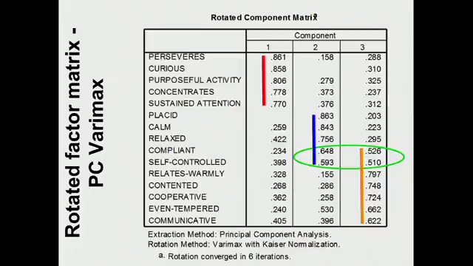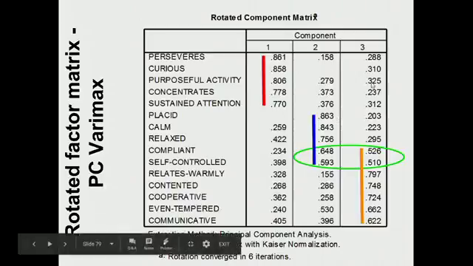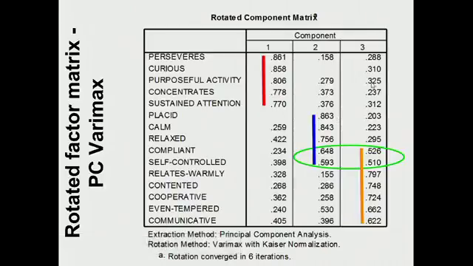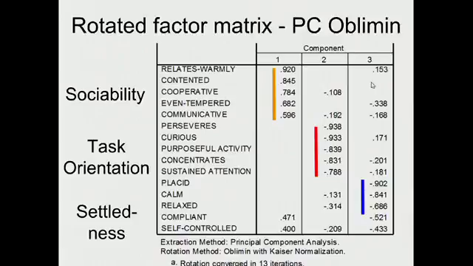Okay, now the other thing is that we've used Varimax rotation here, and you'll see that when we do an Oblimin rotation on the next slide, you'll see a lot less cross-loadings. Okay, so look how many numbers are on this screen, and look how many numbers are on this screen. Fewer of them.